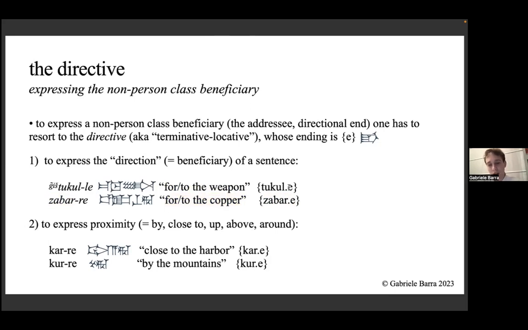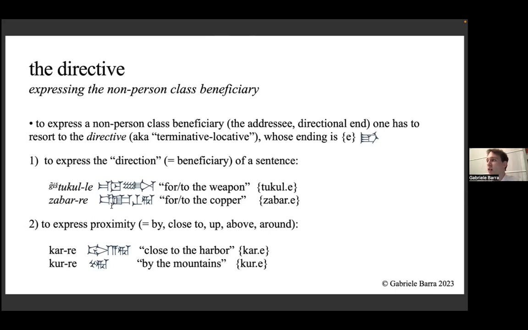Now again, like it always happens when grammatical cases are composed of a single vowel, in the writing you have the repeated consonant before the vowel itself. So tukul le, zabar re. So there's that. And the second function is more similar to a locative. That's why it's called the terminative locative. It's used to express proximity.